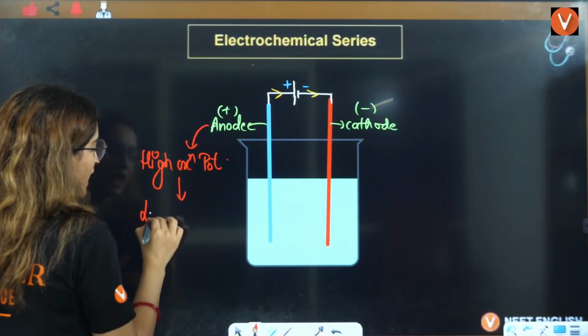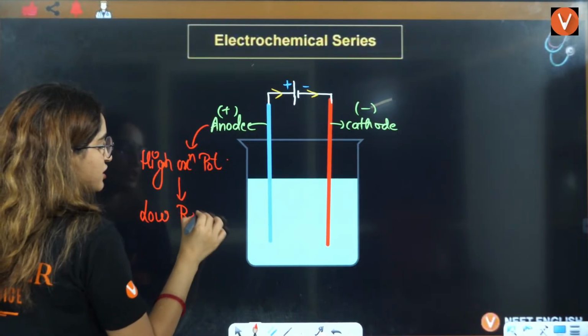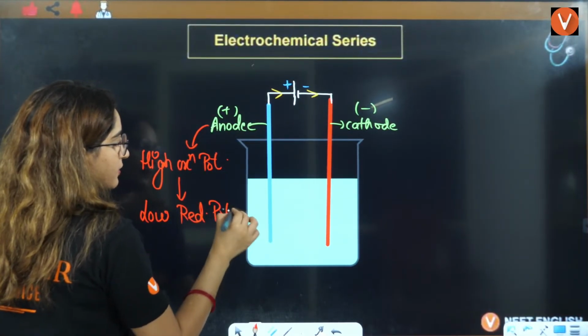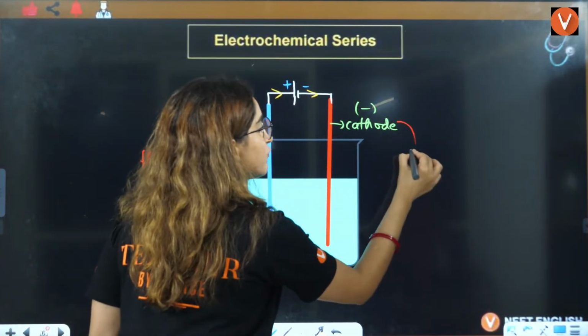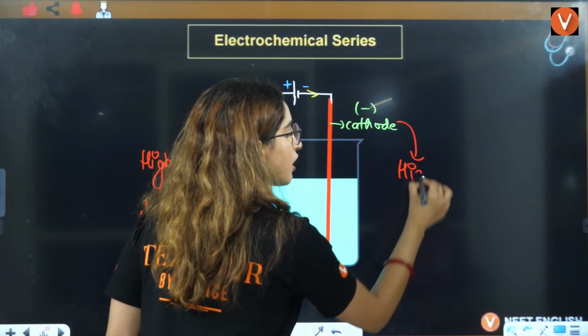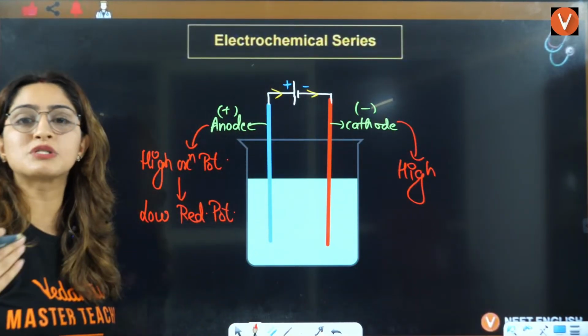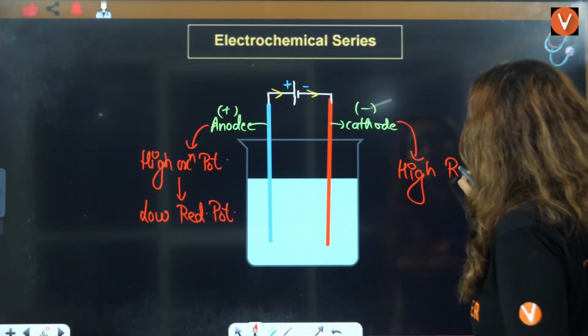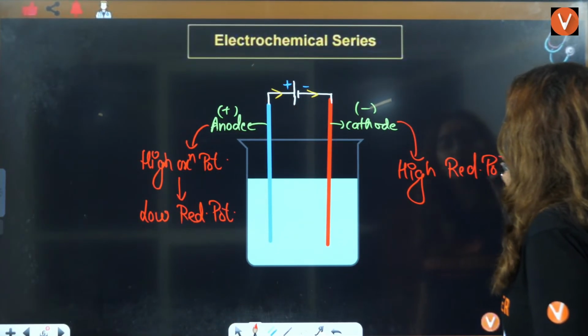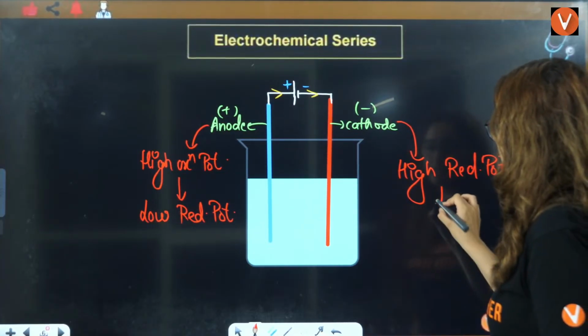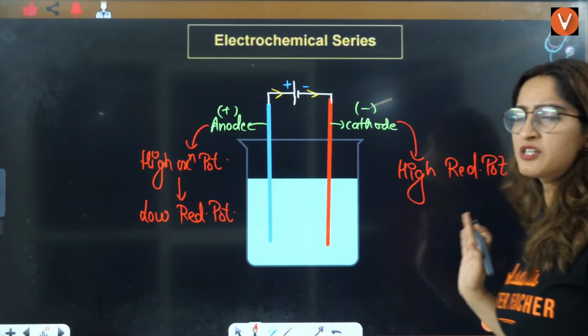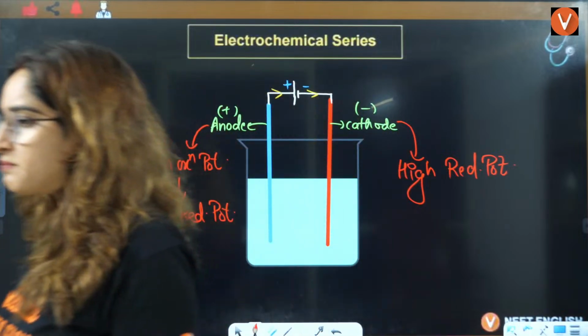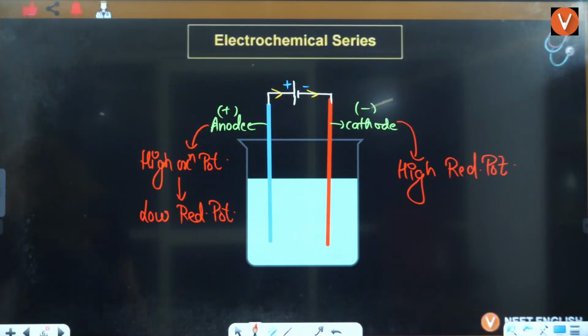It means the one which has low reduction potential will be selected. Here, the one which has high reduction potential will be selected, because we are reducing it. Reduction is happening, so the high reduction potential that wants to get reduced will be selected, right? Low oxidation potential, you don't have to write here. Okay, understood?